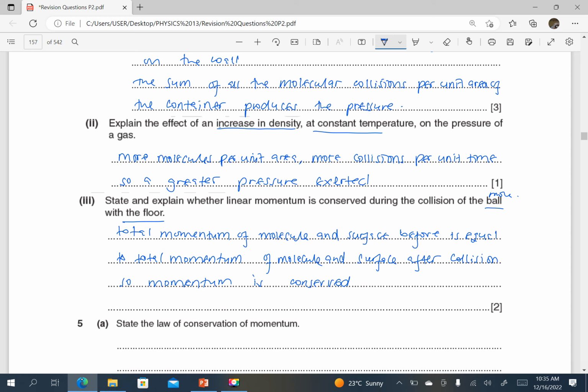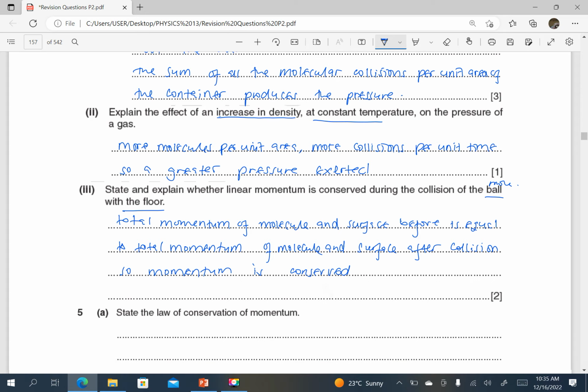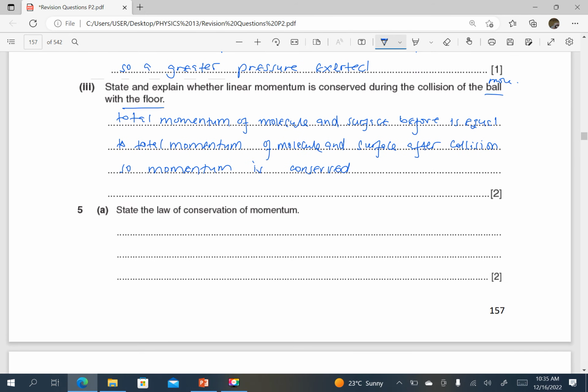For an isolated system of interacting bodies, the total momentum is always conserved. So in the next question, state the law of conservation of momentum. I have just mentioned it.